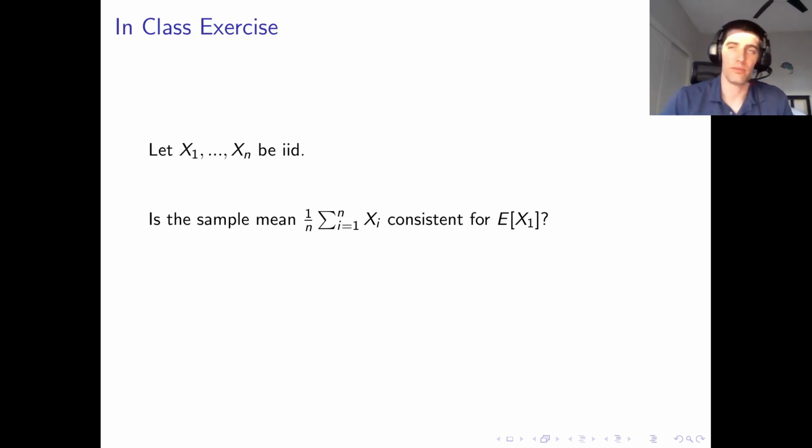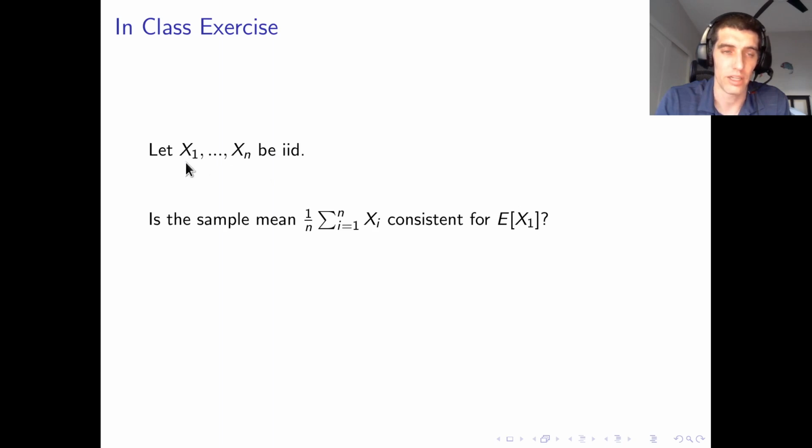All right, so here's an exercise, just to help you parse all these definitions. If x1 through xn is IID, meaning independent and identically distributed, is the sample mean consistent for the true mean? We have an IID sample.